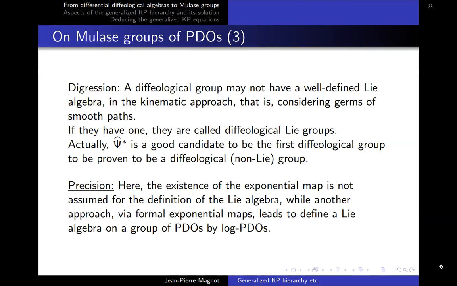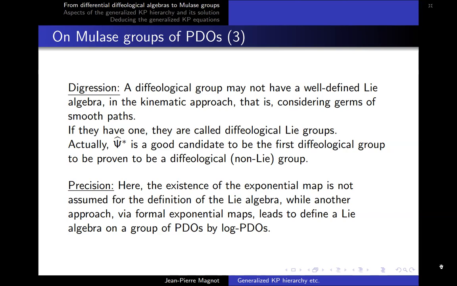With this kind of problem, you can imagine that there can be some technical problems to show that the double tangent can be reduced and define a nice Lie bracket for vector fields. And this is exactly the key point.